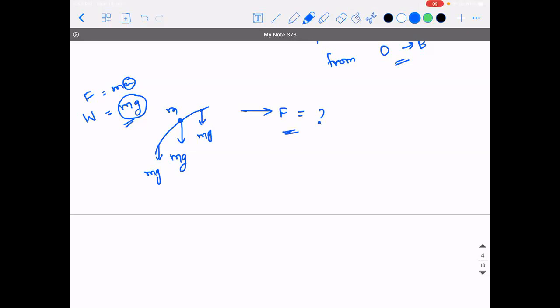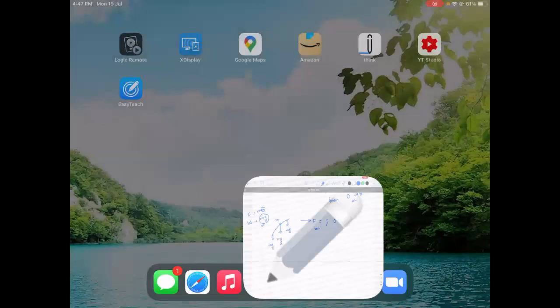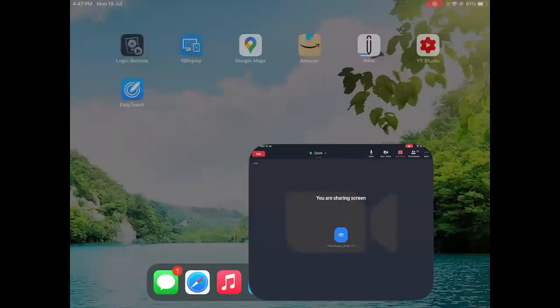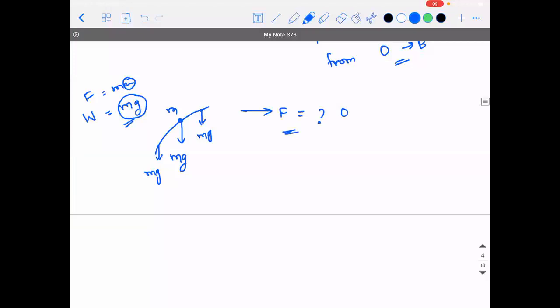I would say it's zero. Correct? Because there is no air resistance or drag, nothing is acting horizontally. The only force acting on the object is mg, a gravitational force. Right? So to put it in simple terms, the object is traveling under the influence of its own weight.